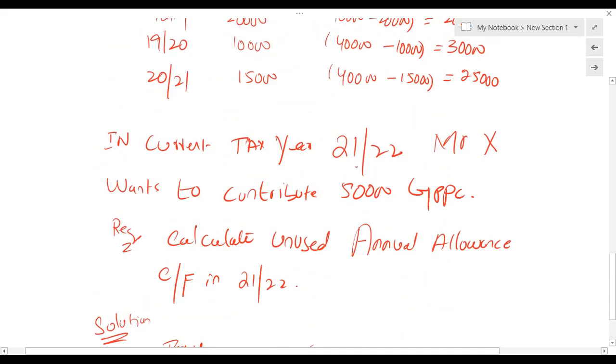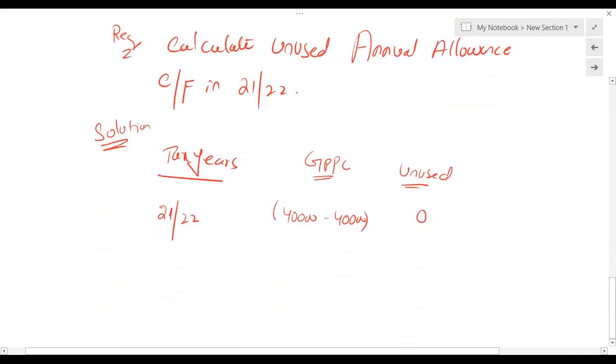And remember, in current tax year 21-22, I have contributed 50, not 40. So still 10,000 is left. From the current tax year, I have to go 3 years back and I will be using previous unused annual allowance limit on FIFO basis. So from 21-22, if I go 3 years back, it's going to be 20-21, 19-20, and 18-19.